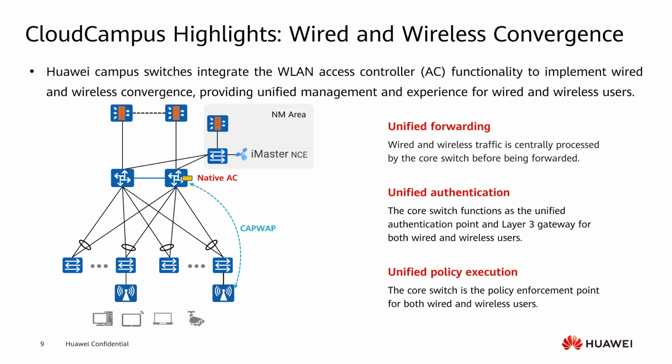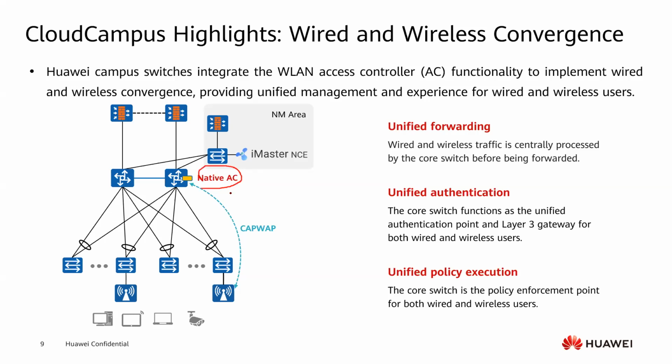The cloud campus solution provides unified authentication and access policy control for both wired and wireless users. For wired users, we just introduced NAC and the framework, and wireless users are controlled by using the native AC.